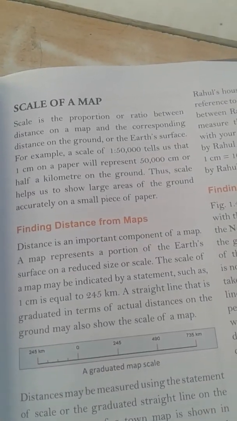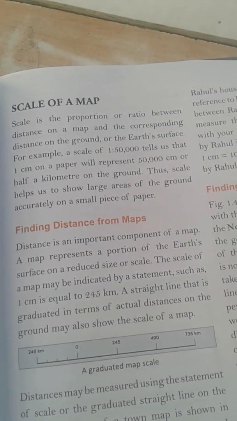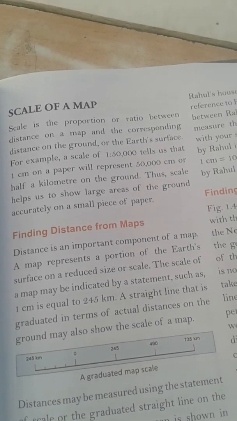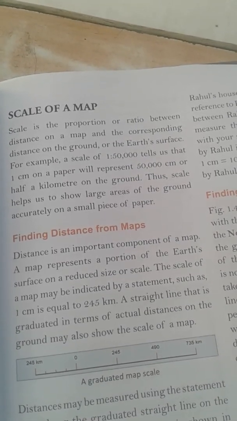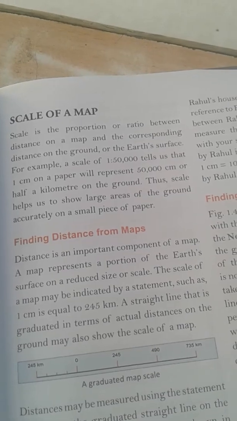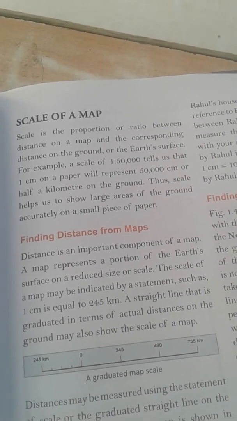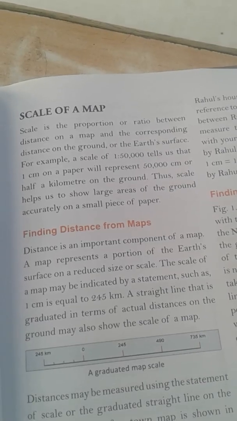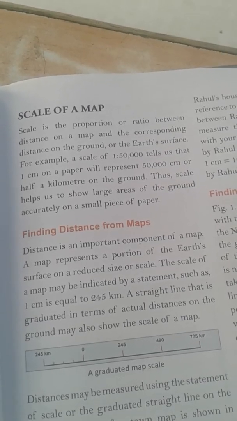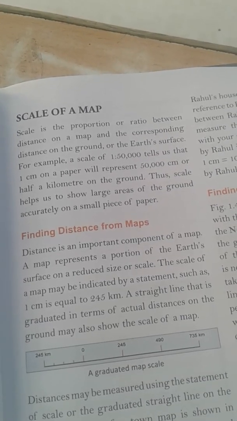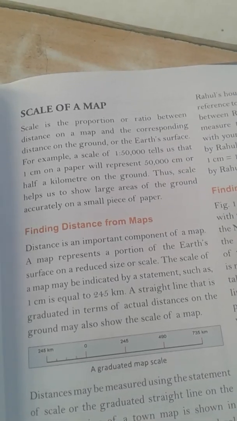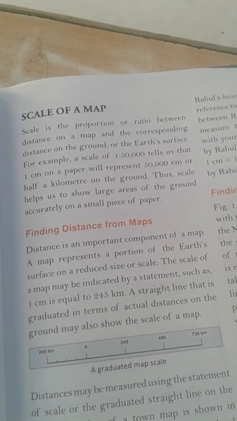Finding distance from maps. Distance is a very important feature of a map. It represents Earth's surface on a reduced scale. The scale of a map can be shown by a statement such as 1 centimeter is equal to 245 kilometer.